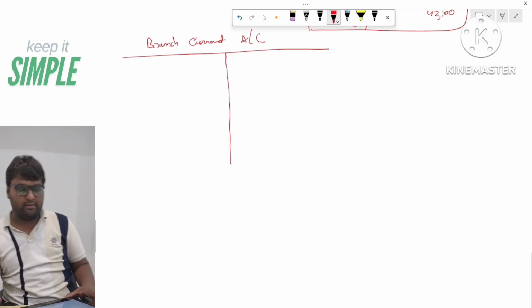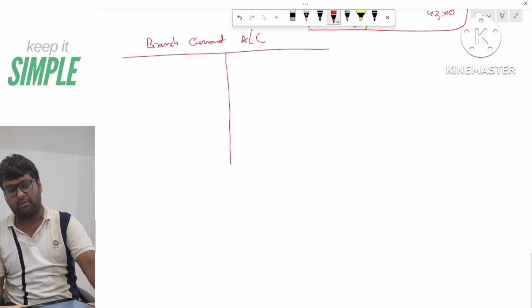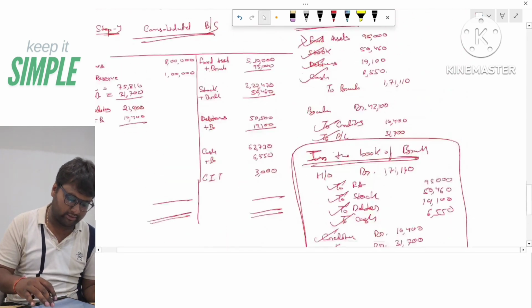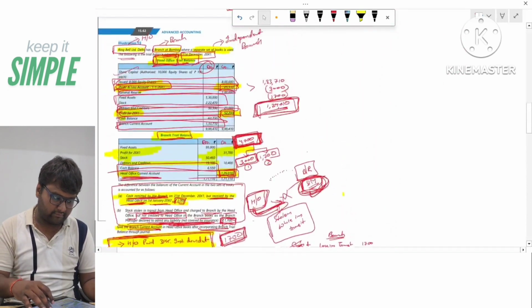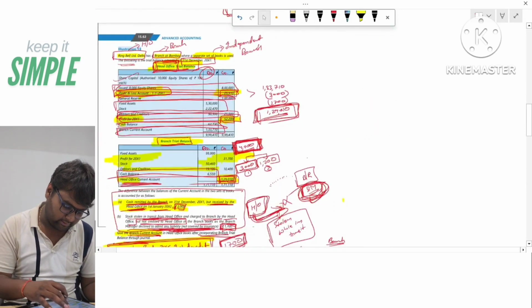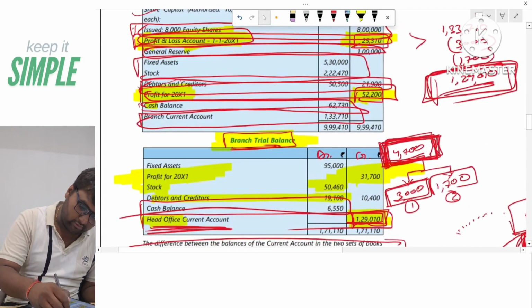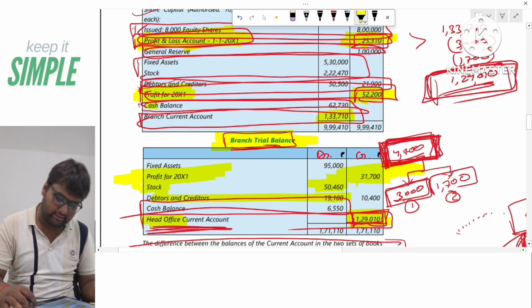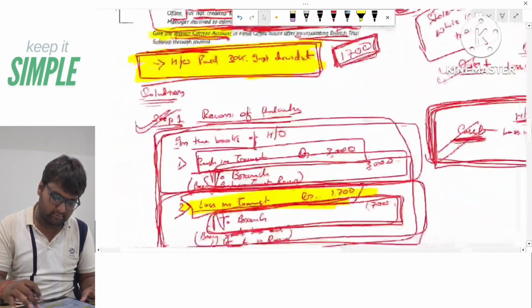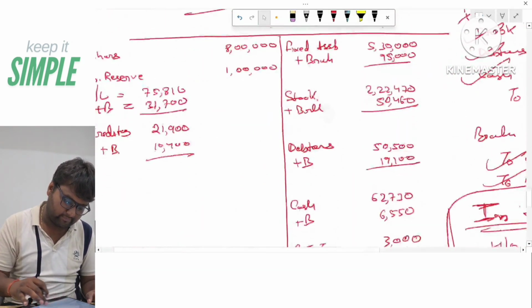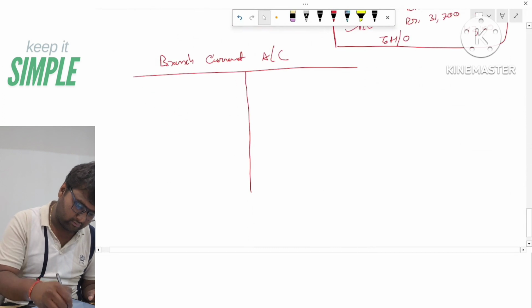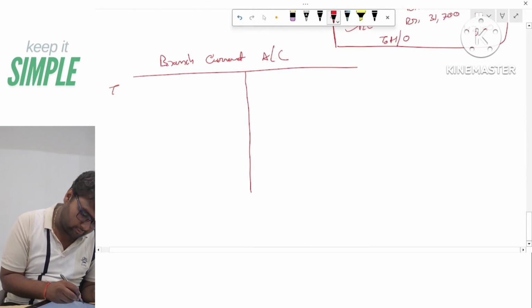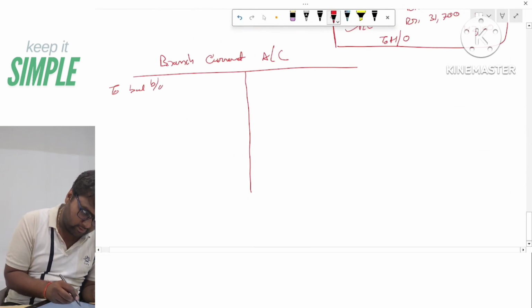Okay, understood? So we'll see what all things to write. First of all, balance. We have been given the opening balance 133,710. So we'll write this, to balance brought down.